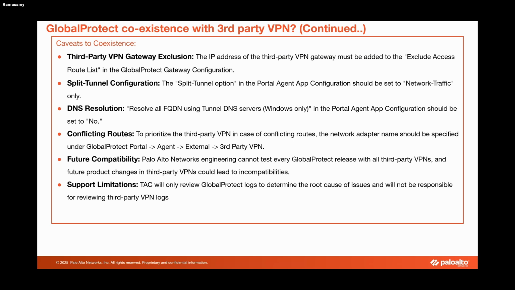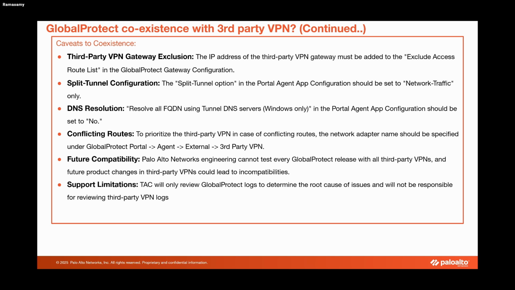With resolve all FQDN using tunnel DNS server set to no and third-party VPN mirror option disabled, DNS queries are sent to all adapters: your physical adapter, your GlobalProtect adapter, the virtual one, and then the third-party VPN virtual adapter.